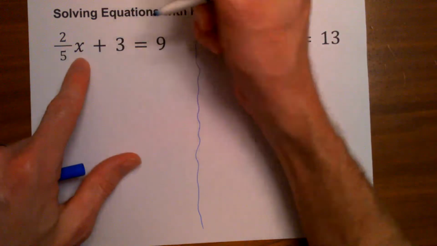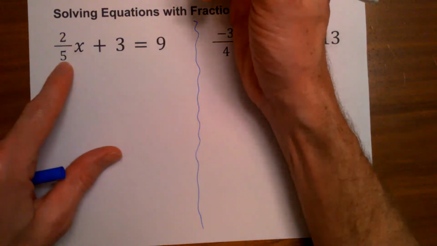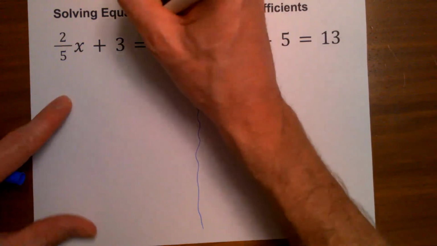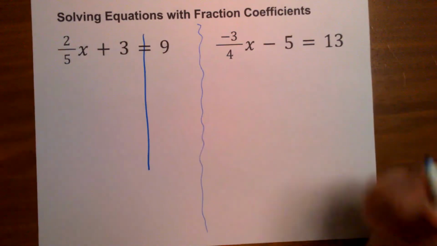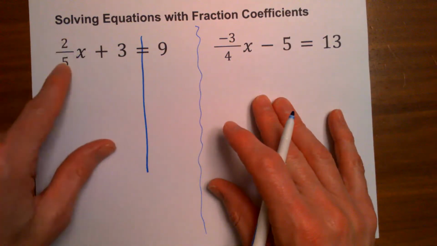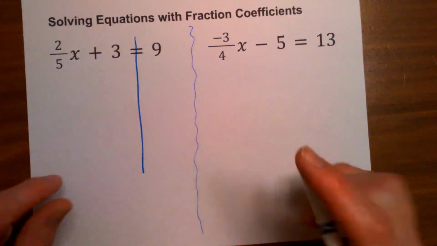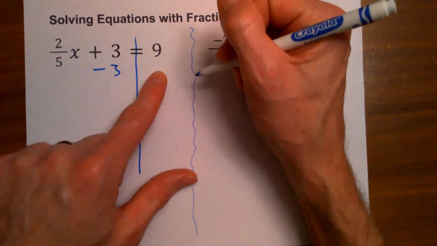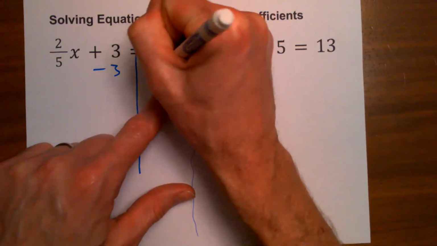So I've got our mystery number times 2/5 plus 3 more gets me to a total of 9. Well, let's start with this. What if I don't want to add 3 more? What would 2/5 times x be if I didn't add 3 more? If I took away these 3, then my total would have to decrease by 3.